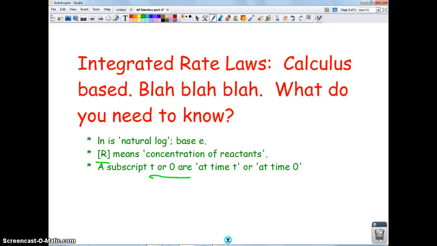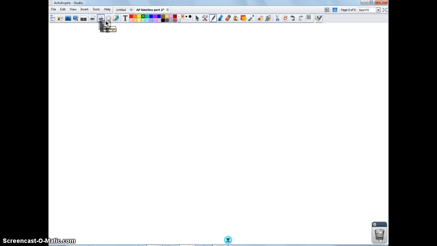So what ends up happening with these is we're going to end up looking at this mathematical equation that has to do with the natural log of a ratio of the concentrations. You guys know what ratios are. Ratios are comparing time A to time B. So the mathematical expression for a first order reaction is going to look like this.